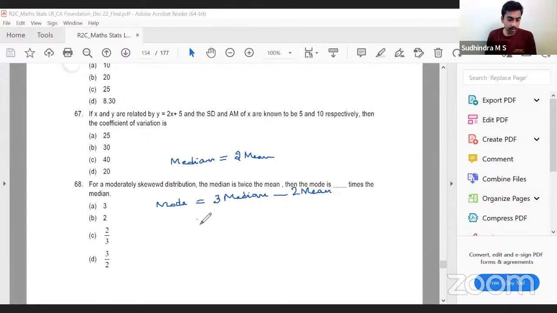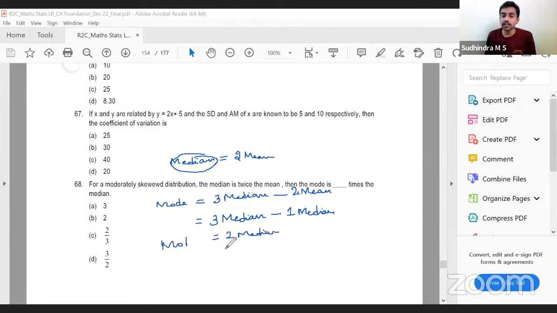Right? So can I write this as 3 median minus, instead of 2 mean, 1 median? 3 median minus 1 median is 2 median. So mode is 2 times median. Understood?